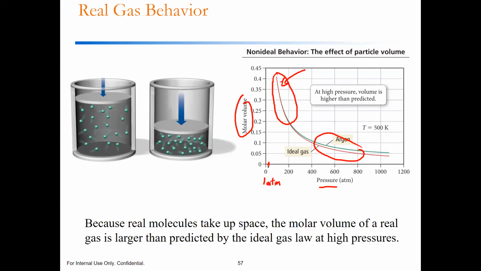One ATM. Where's one ATM on this plot? Way over here, right? When do a real gas and an ideal gas not match up? When does PV equals nRT not work? At 200 ATM. Right? Under 200 ATM, it's pretty much a perfect match, but over 200 ATM, it doesn't work anymore.